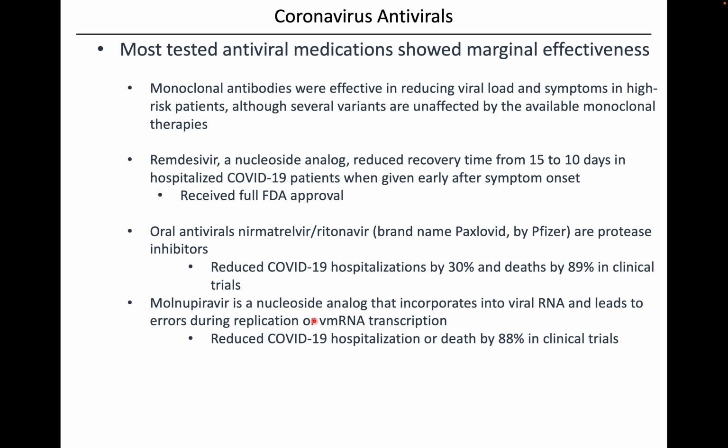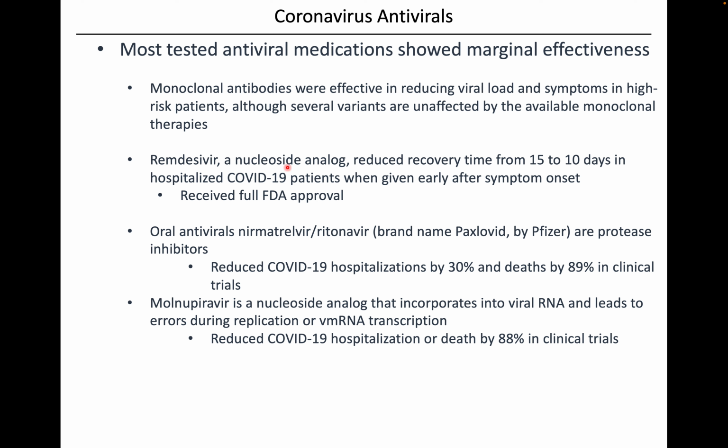All right, so what about antivirals? You'll see in your book, and I'll actually show it to you in a minute, there's a big table of potential antivirals. This is still something that there's a lot of interest in. We know monoclonal antibodies could be good at reducing viral load, especially in high-risk patients, but that could depend quite a bit on which variant of COVID you're talking about.